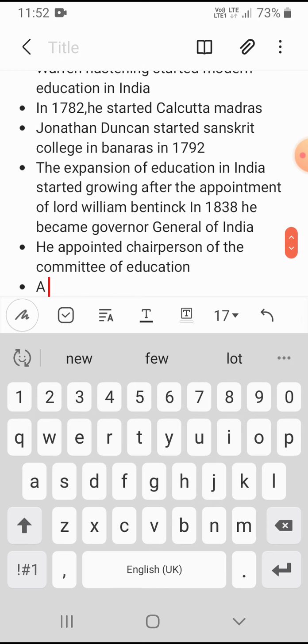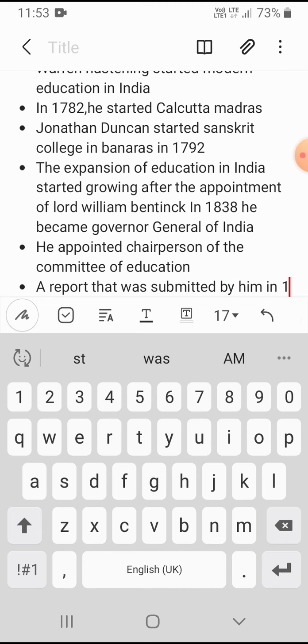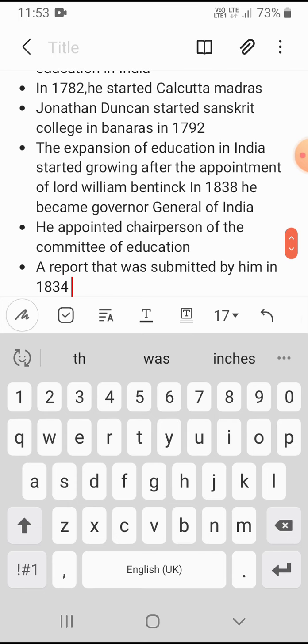and a report that was submitted by him in 1835 became a base of modern education.